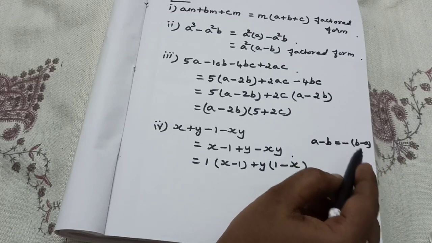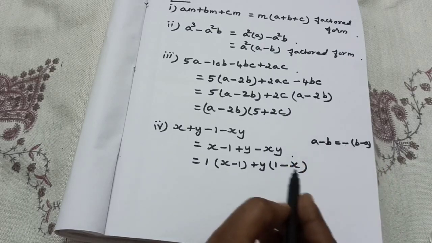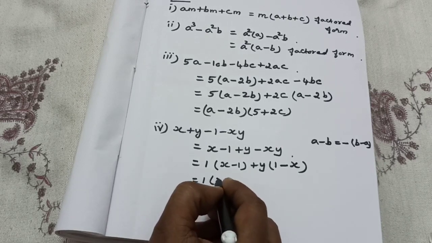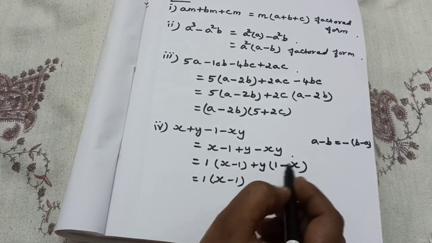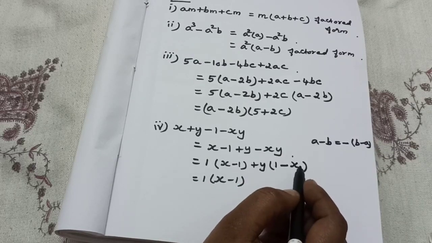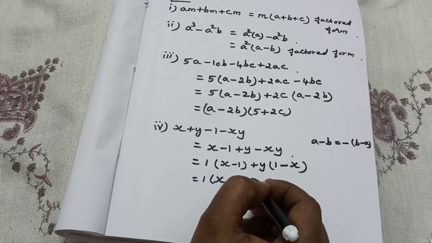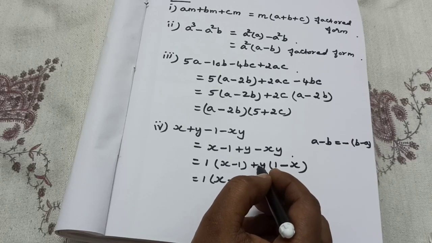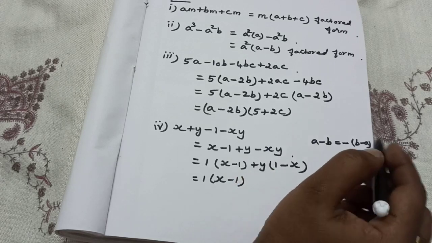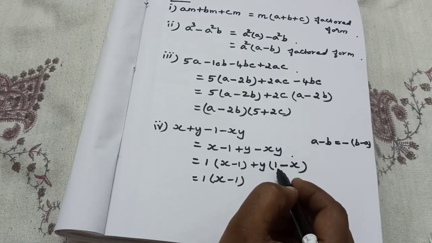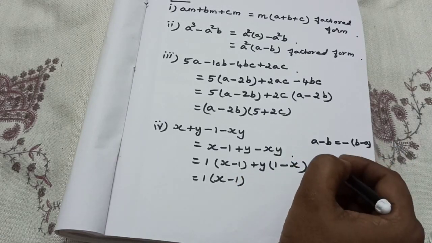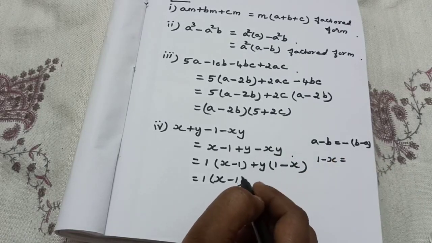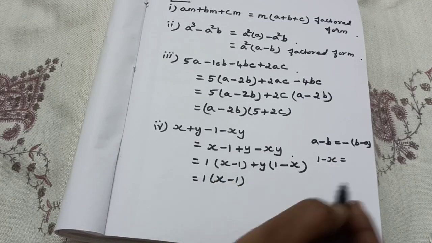Okay. Then with the help of this one, we can find here. Okay. Here 1 into x minus 1. Then here plus y, isn't it? Plus y. Here plus y is there. Okay. But a minus b, that means 1 minus x. Okay. 1 minus x is equal to, then how we can bring x minus 1?